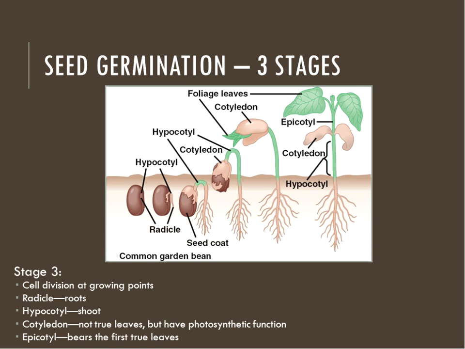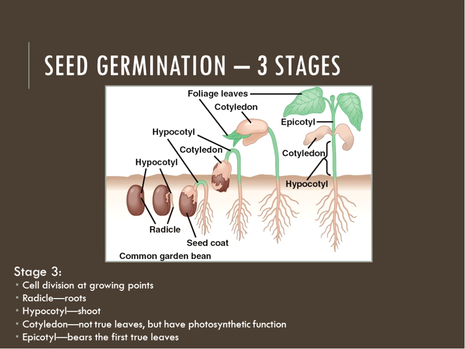And then that brings us to stage 3. Cell division starts to happen at those growing points, and we get things actually emerging from the seed. And we have, of course, because plant scientists love words, we have special names for all of these things. So the first thing that typically comes out is what we call the radicle. It's just the seed root.